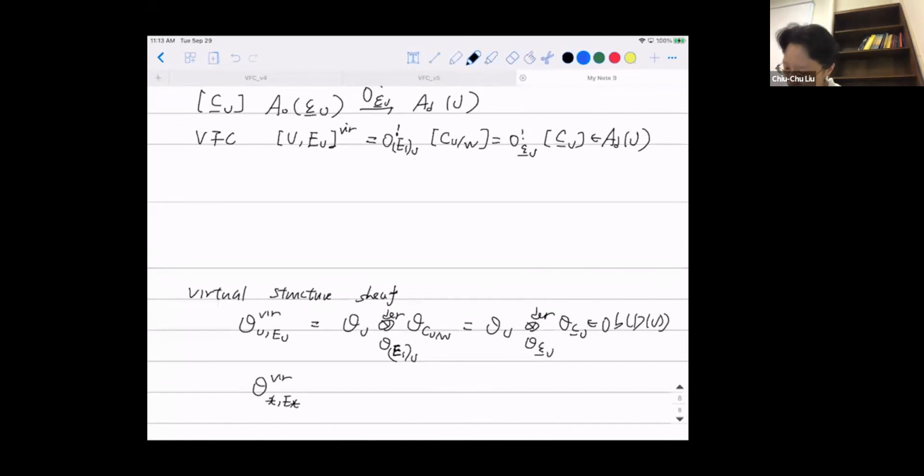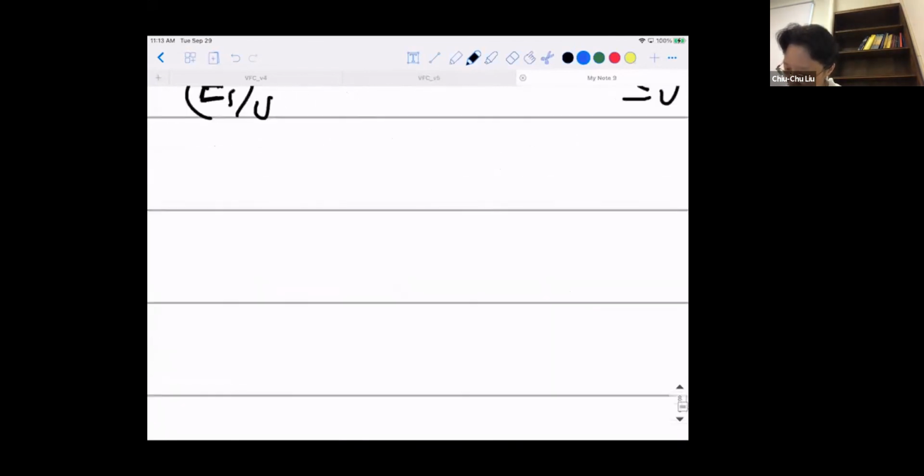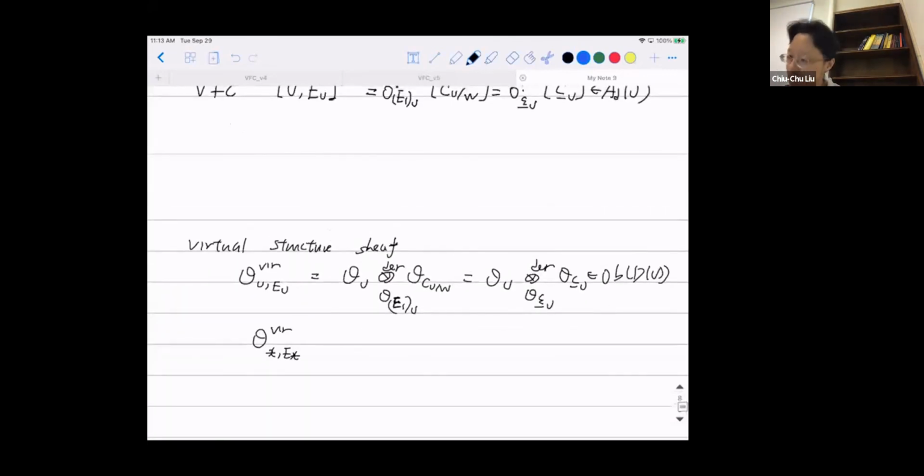So now to emphasize that this E is defined on X, let me write this.